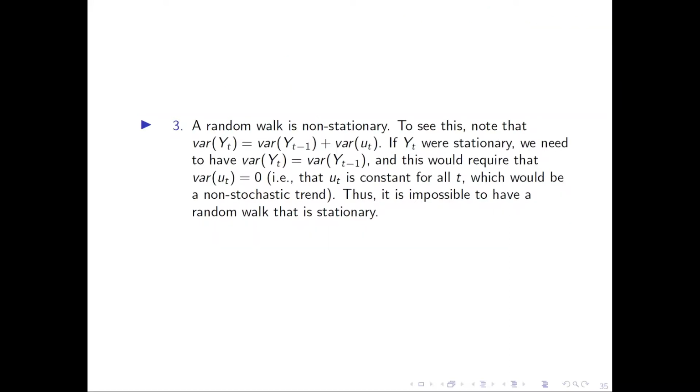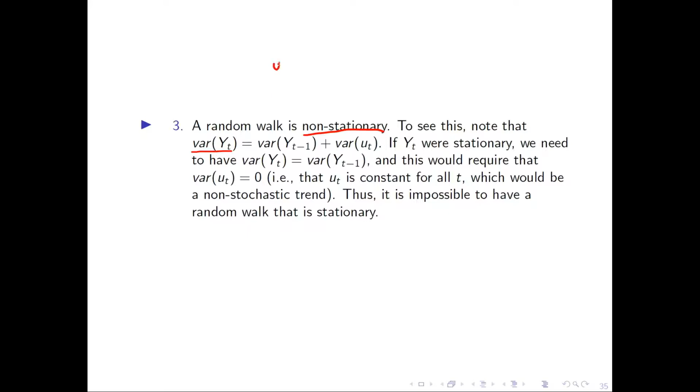A quite important trait of the random walk is actually that it's non-stationary. And we can see that it's non-stationary because we can take the variance of the random walk at time t, and we can split yt into yt minus 1 and the error term, right?